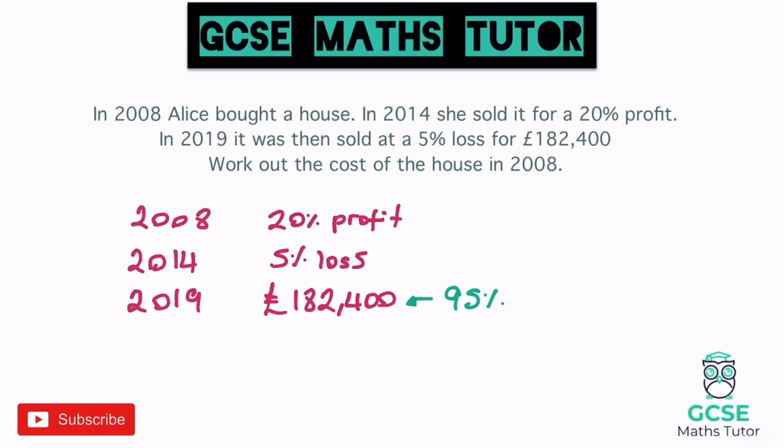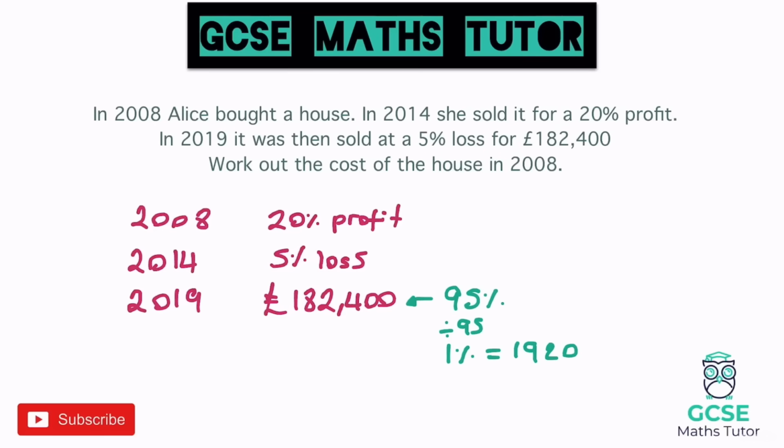So if we've got a calculator here, in order to turn that back into 100%, quite nice and simply, we can divide it by 95 to get 1%. So if that there is 95%, we can divide that by 95, which would give us 1%. So 1% would equal, and we'll just do this on the calculator, 182,400 divided by 95 gives us 1,920.